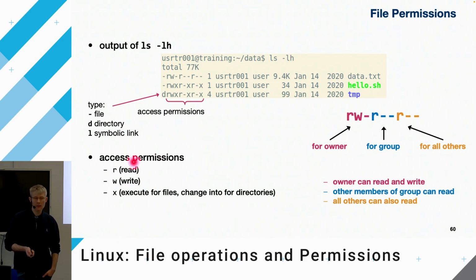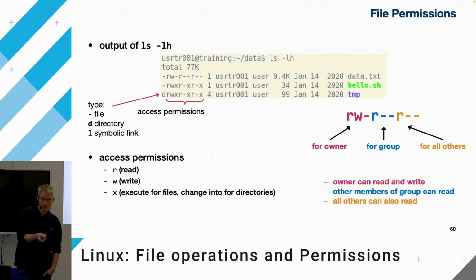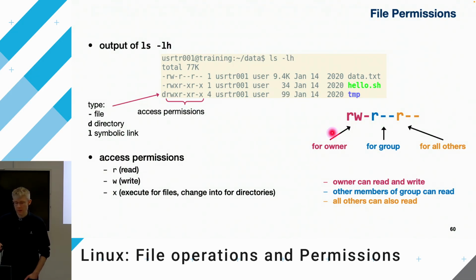So read is easy. You're allowed to read a file. Write, you're allowed to change it. Or you are allowed to execute: if it's a program, then you would be able to execute it. And we have these three groups, and these are then set for the owner, for the group of the file, and then for all other cases.